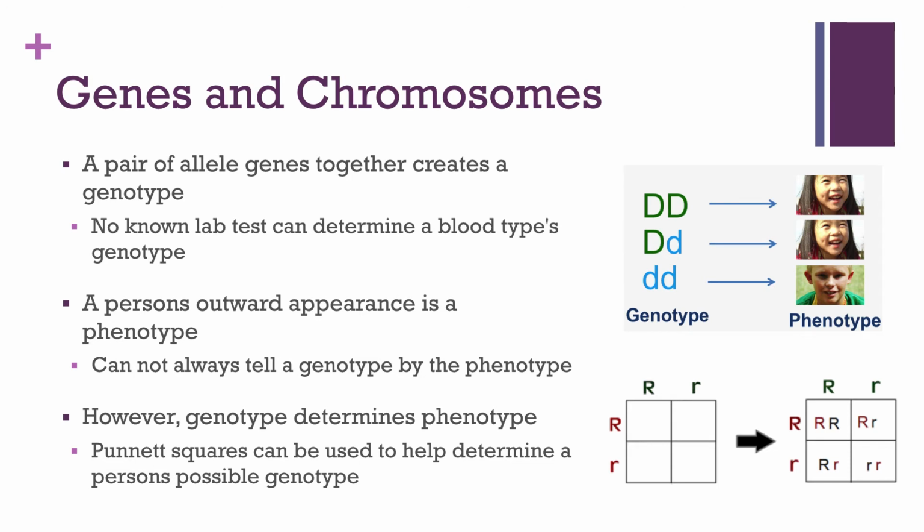The person's outward appearance is its phenotype. You can't always tell what the genotype is by a phenotype, especially if that dominant trait is showing, because it could be masking a recessive allele. However, genotypes do determine the phenotype. And we can use Punnett squares to help determine a person's possible genotype.